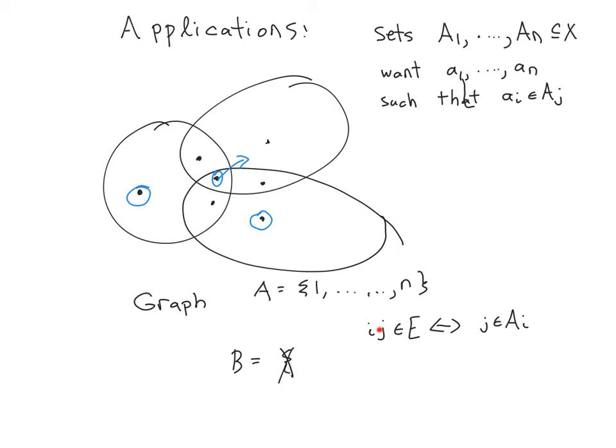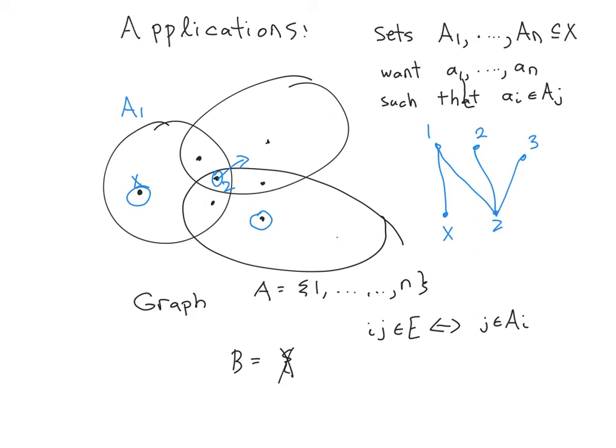And then you have edges whenever an element is in a set. So for instance, suppose this was A1 and this is a point X. In my graph, I'd expect to find an edge between X and 1 because X is in A1. Likewise, over here, this point Z is in set 1, he's in set 2, and he's in set 3.